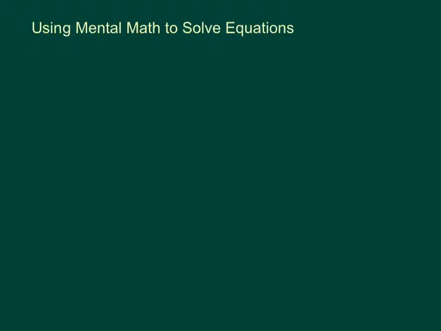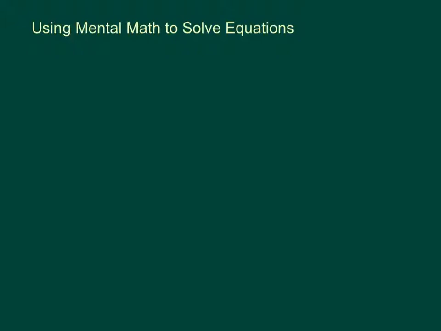Using mental math to solve equations. Now when we solve an equation, instead of checking whether or not a number is a solution to an equation, solving an equation is coming up with our own possible solution that'll make the equation a true statement.